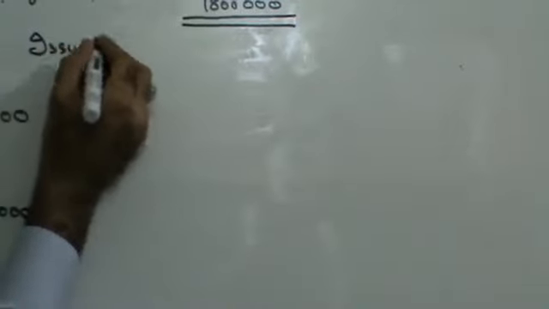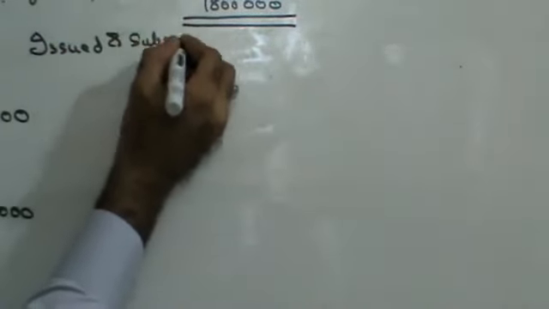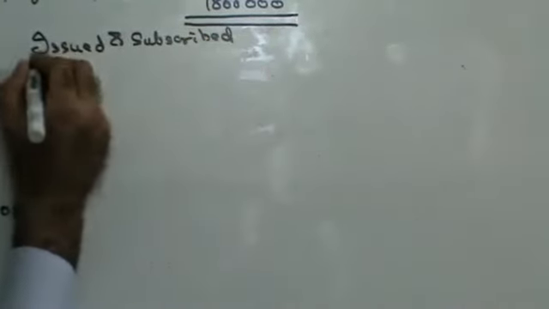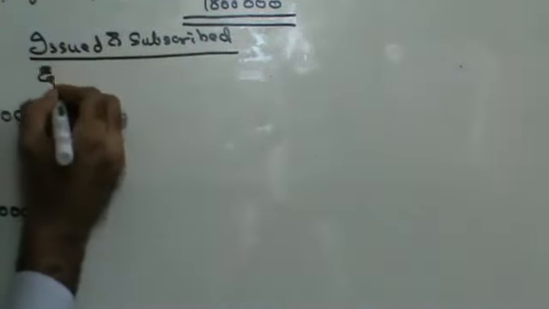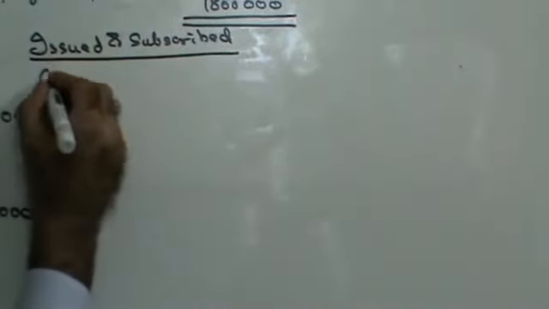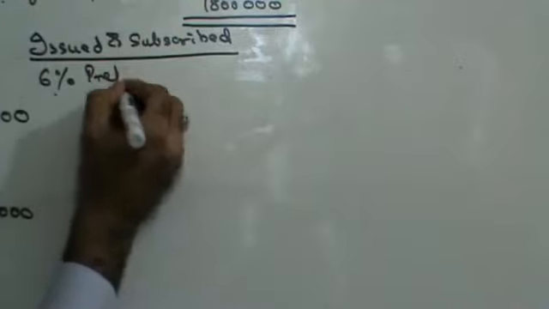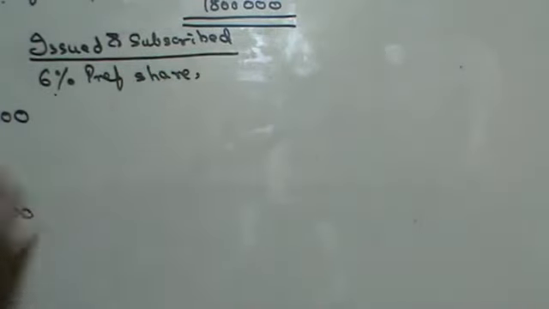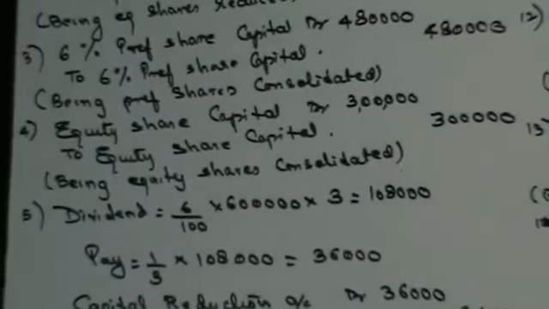Now once this is done, let's move on ahead. You have preference share capital, 6%, in issued and subscribed capital. First is 6% preference shares. 6% preference shares is 6 lakhs, out of which 1,20,000 is written off. So that is 4,80,000.